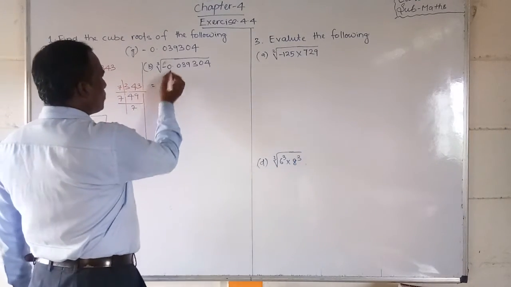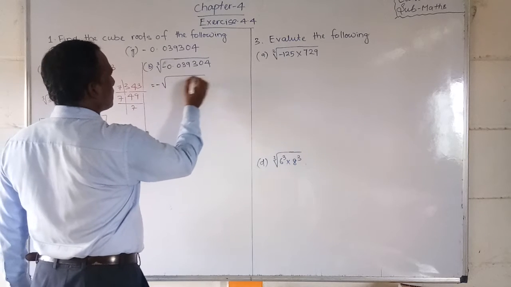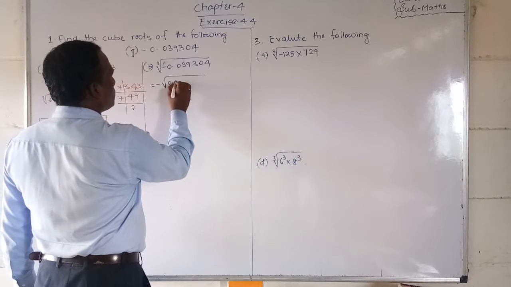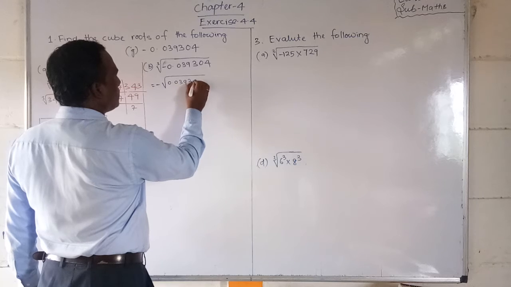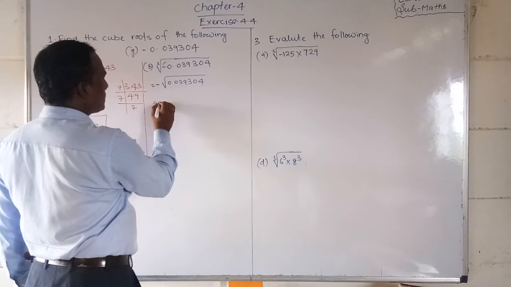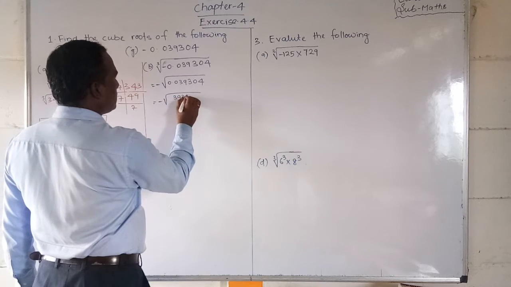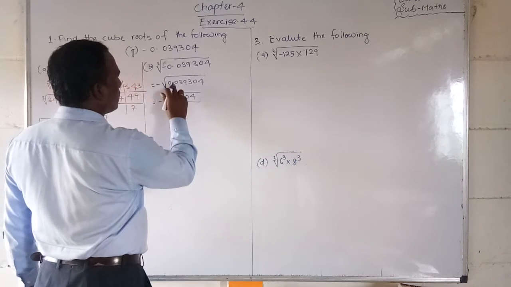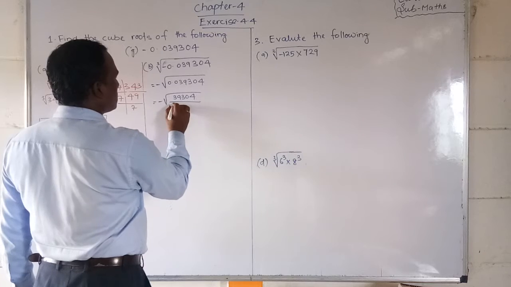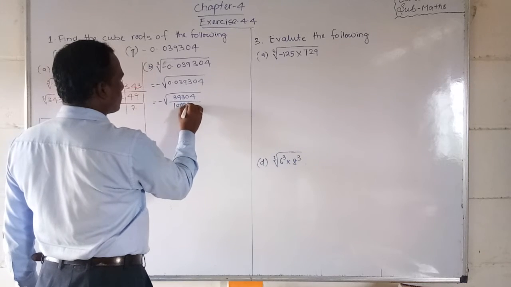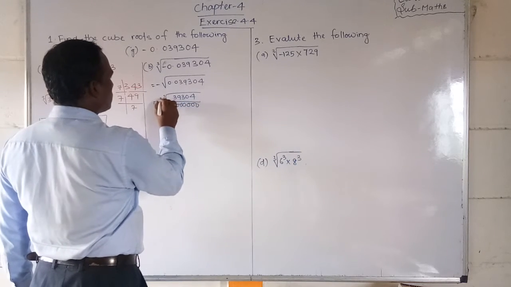So first of all, remove that minus sign. We can write 0.039304 as 39304 by 1, 2, 3, 4, 5, 6 zeros, so 6 zeros. Then take the cube root.